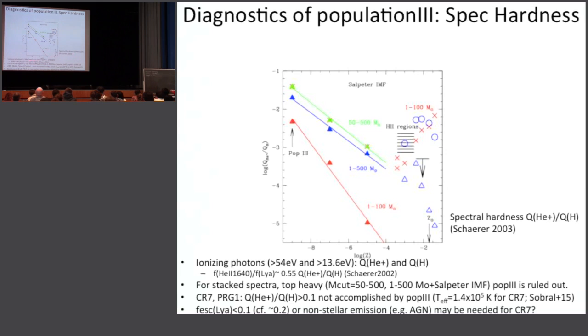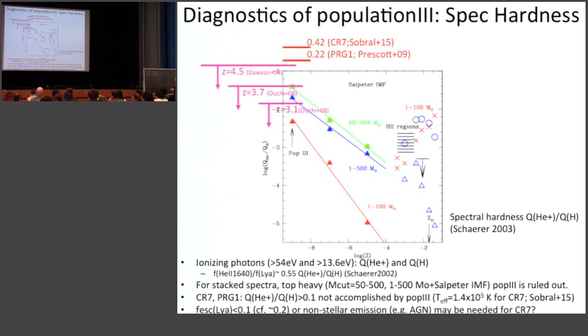In other words, how many very energetic photons over 54 electron volts exist compared with 13.6 electron volt photons, and you can estimate the spectral hardness using the helium-2 and Lyman-alpha emission lines. Then the stacking analysis just gives upper limits and rules out the possibility of a top-heavy IMF for ordinary Lyman-alpha emitters.